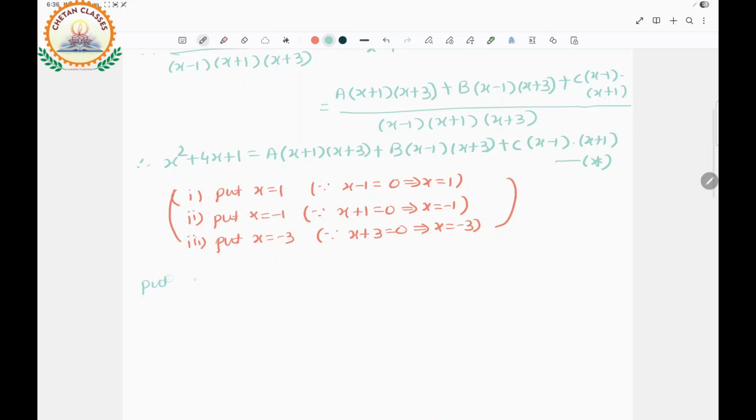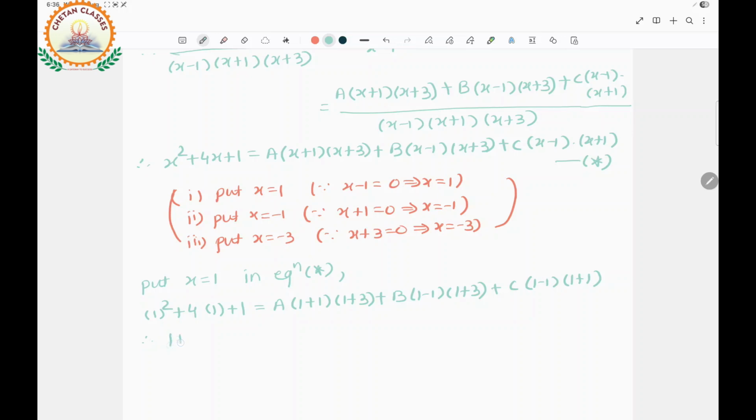So first put x is equal to 1 in equation star. So what we get? Here 1² + 4 into 1 + 1 is equal to A into (1 + 1)(1 + 3) plus B into (1 − 1)(1 + 3) plus C into (1 − 1)(1 + 1).